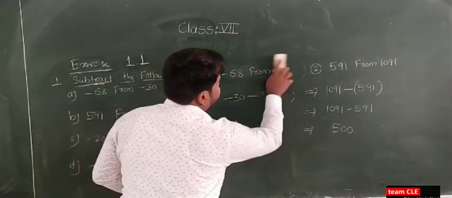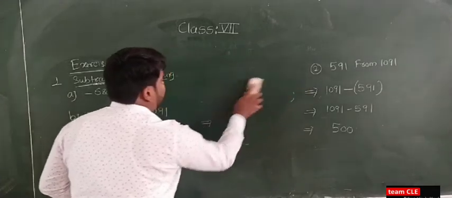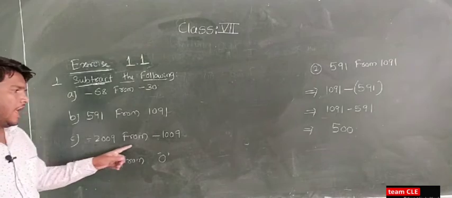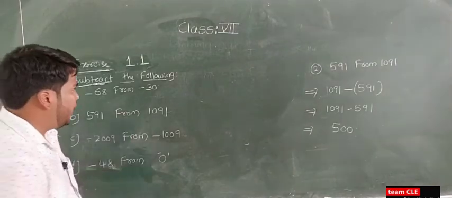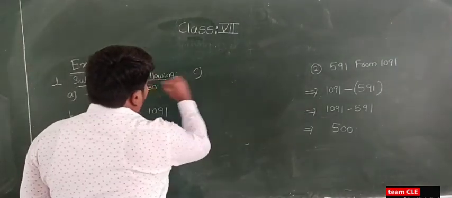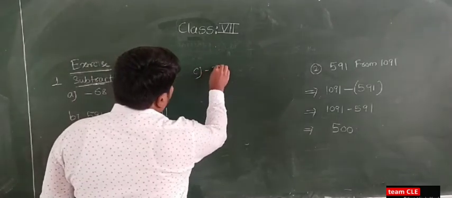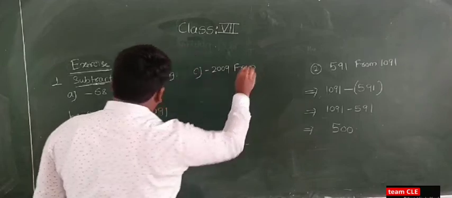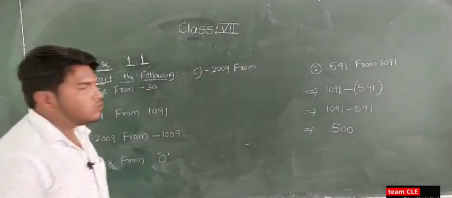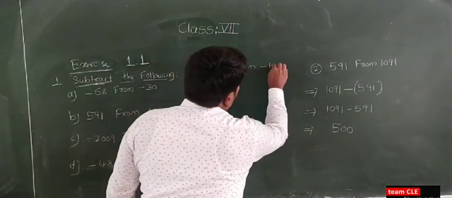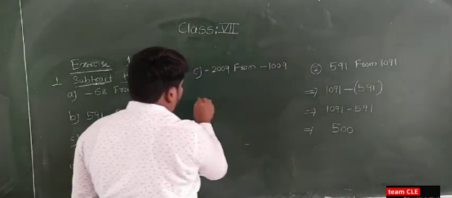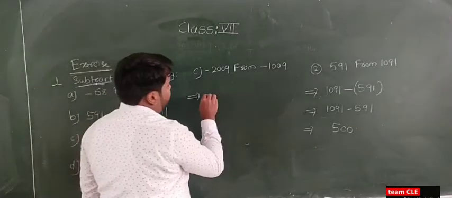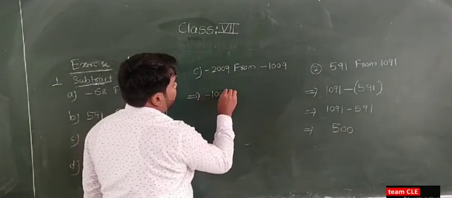Third one. What is the example? Minus 2009 from minus 1009. So see here, the last term is minus 1009.